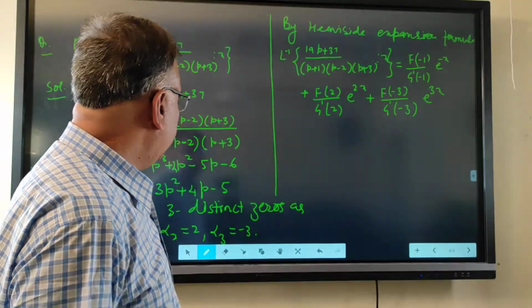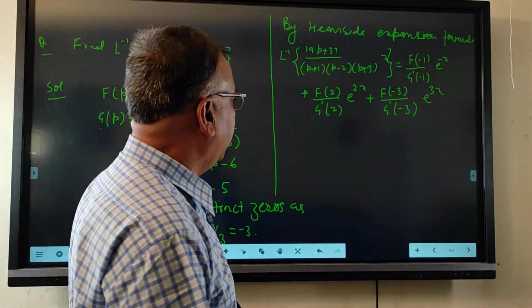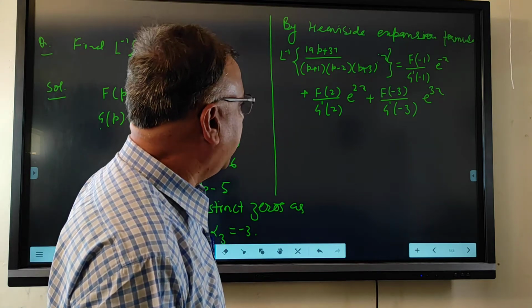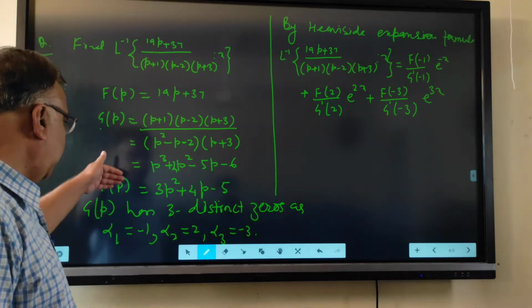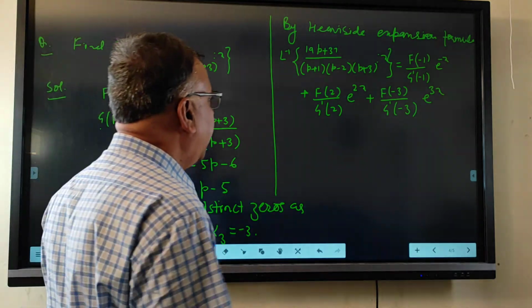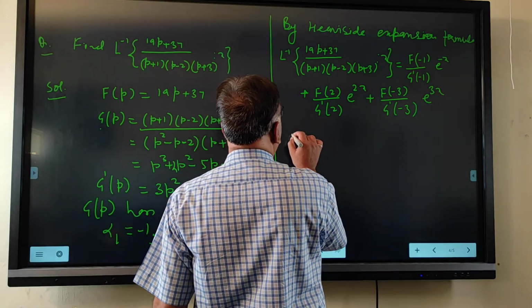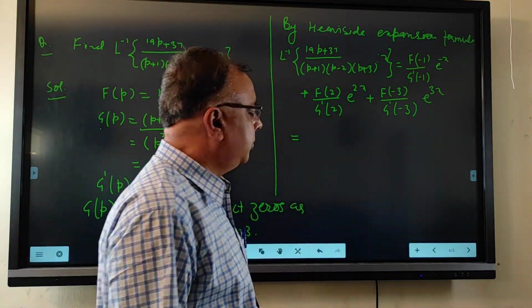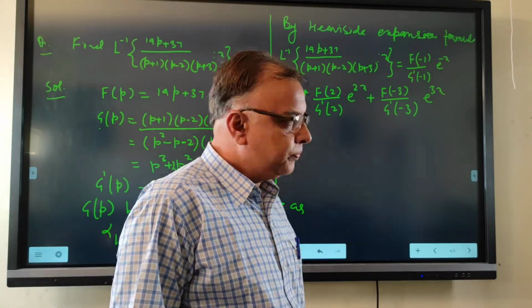So if we put the values of alpha 1, alpha 2, alpha 3, that is minus 1, 2 and minus 3 in F(p) and G dash(p), we get the required inverse Laplace transformation.